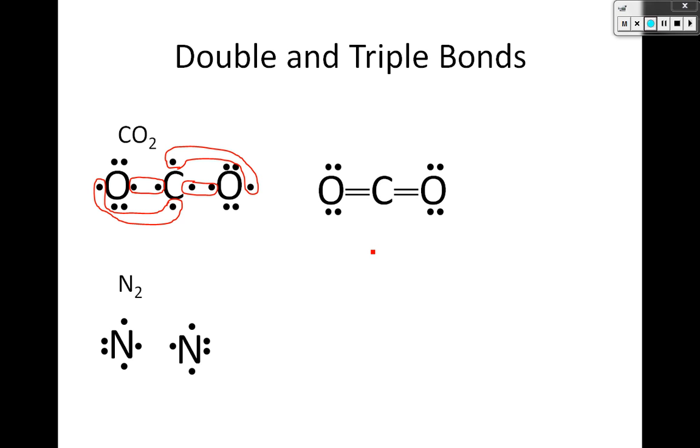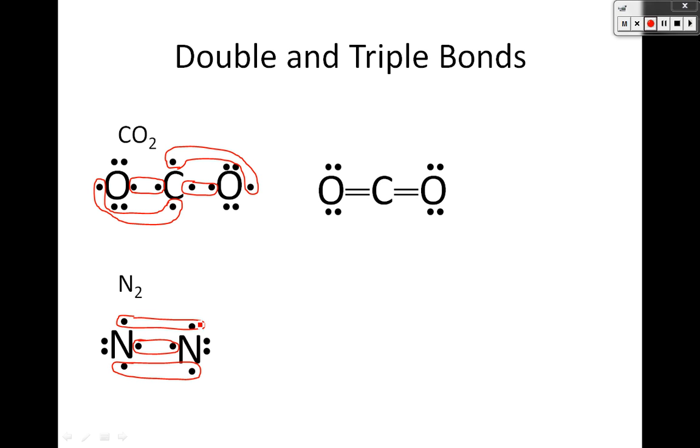So in the case of nitrogen, nitrogen has 5 valence electrons. We can see if we only share, say, these 2, then each nitrogen is going to have 6 electrons. So we can also share these 2. Now each atom is going to have 7 electrons. So we can share these 2. Now each atom will have 8.